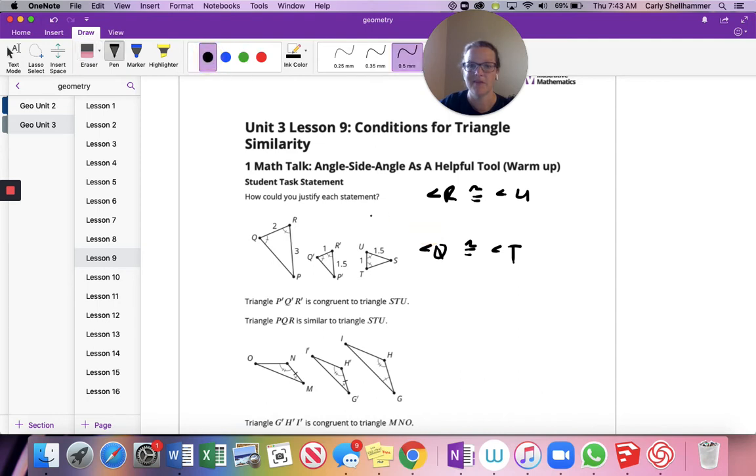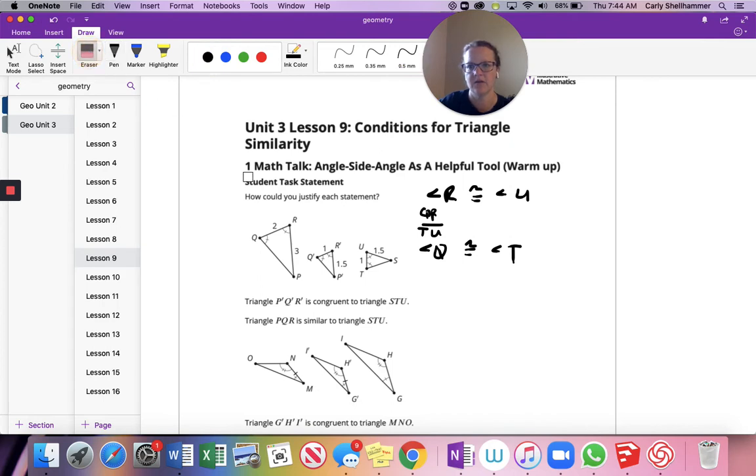I want to set up a ratio. So I'm going to say that QR over UT, RU, QT. So I'm going to say TU to keep it in the right order. Since we've said R is congruent to U and Q is congruent to T, I'm going to say RQ over UT.